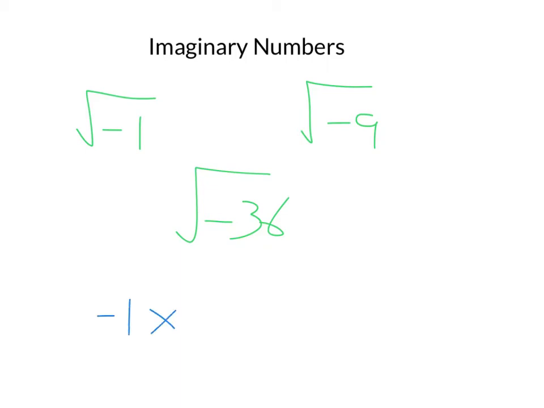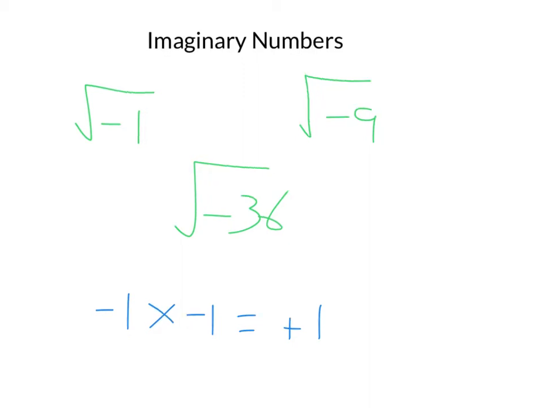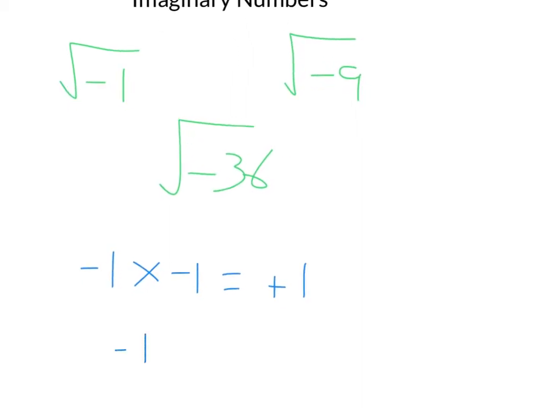So you might think that the square root of minus 1 would be minus 1 times minus 1. I understand why, but if you actually do out the calculation, well, 1 times 1 is 1, but a minus times a minus will give you a plus. So if you square minus 1, it actually just gives you plus 1. And the same thing could be said for the square root of minus 9, or the square root of minus 36.